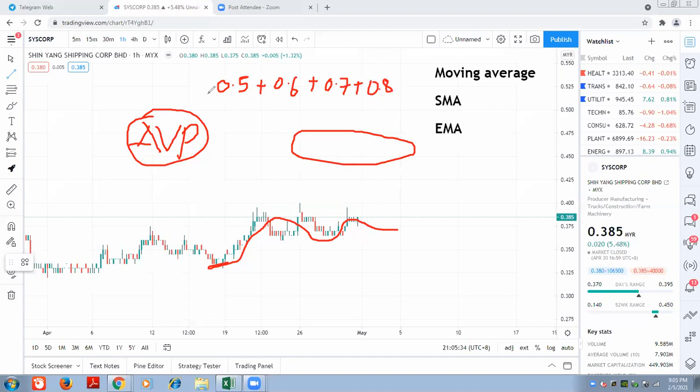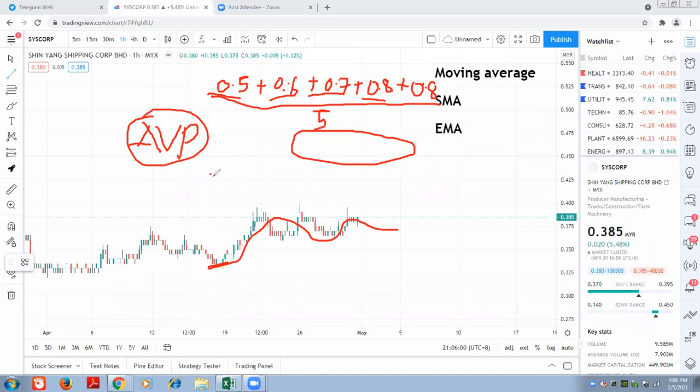So day 1, day 2, day 3, day 4, day 5, let's say 0.8 also. So you add up all the prices and divide by how many days you counted. Let's say we counted 1, 2, 3, 4, 5 days. So we divide by 5.